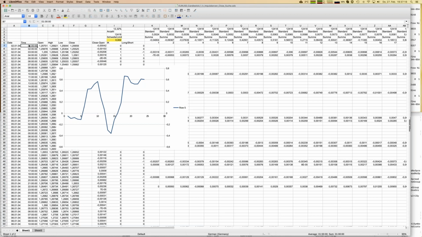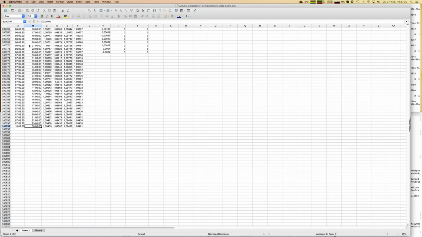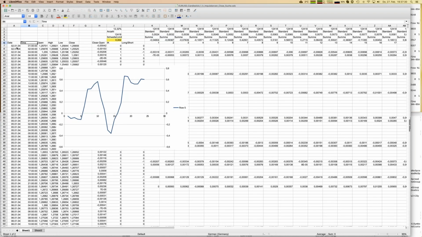If I jump to the very end of the table, you see that's more than 100,000 entries, so we have 100,000 candles. Any candle has a couple of numbers: date, time, open price, high price, low price, close price. And now we can go for our power candles.